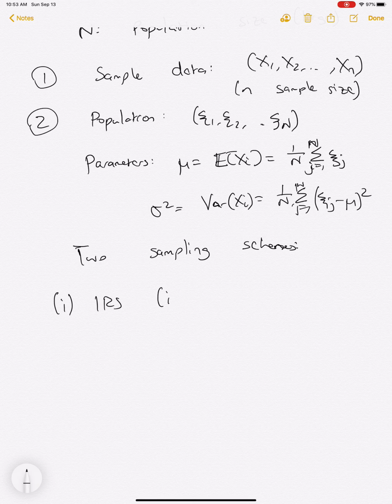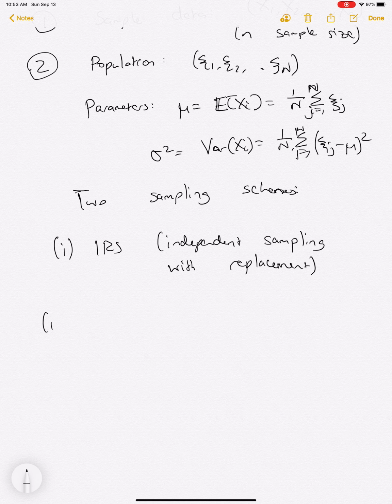IRS, or independent sampling, is when you sample with replacement. And then simple random sampling is sampling without replacement.